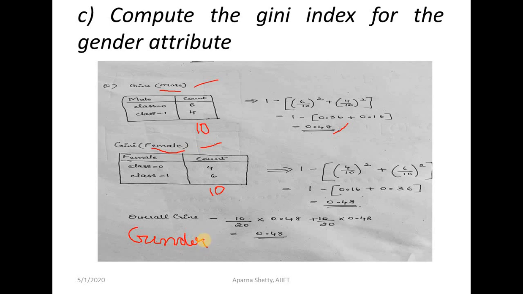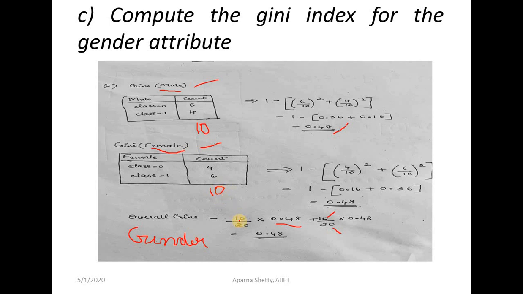The overall Gini for the gender attribute is given by 10 divided by the total number of records, 20, times the Gini for male, 0.48, plus 10 divided by the total number of records, 20, times the Gini for female, 0.48. Here 10 is the total count of male records and 10 is the total count of female records.